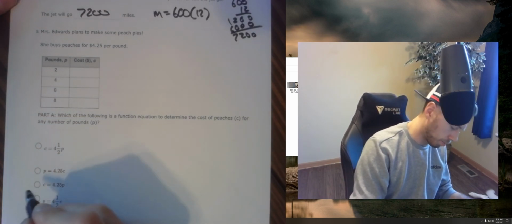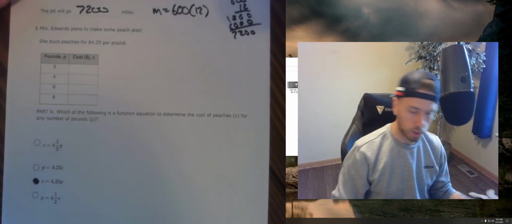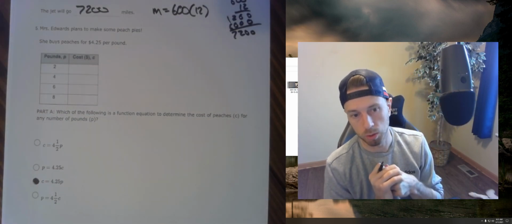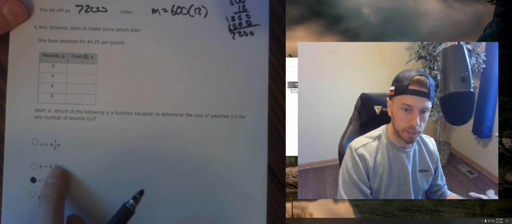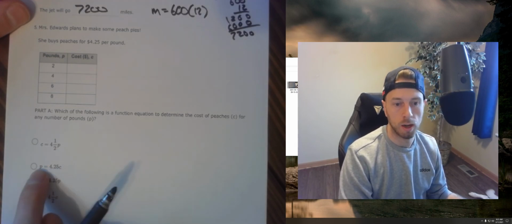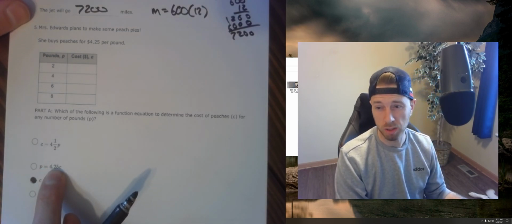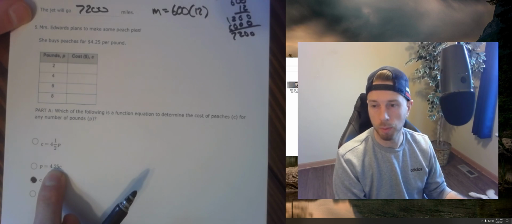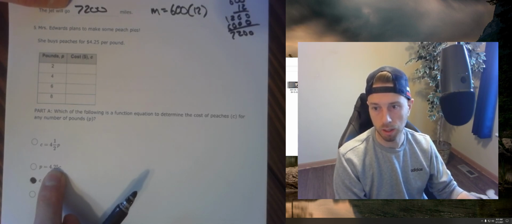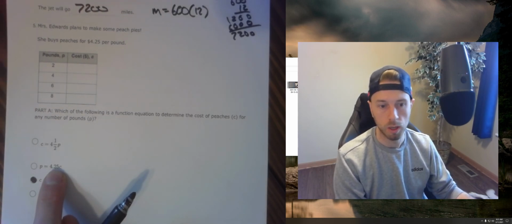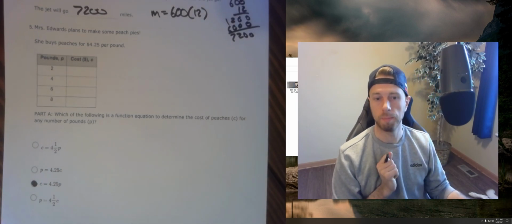This is the multiplication problem, and we're looking to multiply the pounds times 4.25. A big mistake we might get here is you might choose this one here, but then you're multiplying the total cost times 4.25, but we don't know what the total cost is, right? That's not the dependent or the independent variable. So it's the pounds that we want to multiply by 4.25.